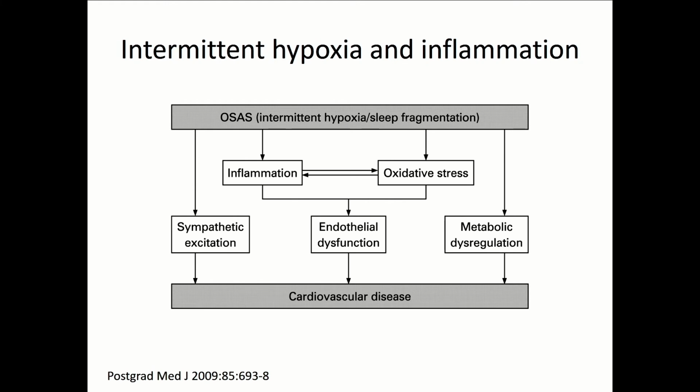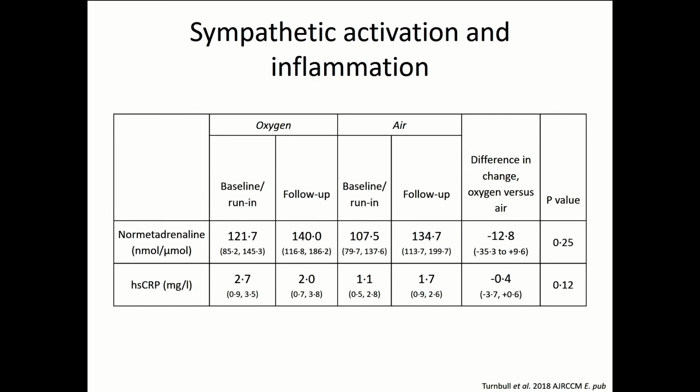I've spoken a bit about sympathetic excitation. We did measure this in our study, but also one other theoretical consequence of intermittent hypoxia is inflammation and oxidative stress, which potentially could lead to cardiovascular disease. In our study, we looked at normetadrenaline, which is measured in the urine overnight, and saw increases in this in both arms.